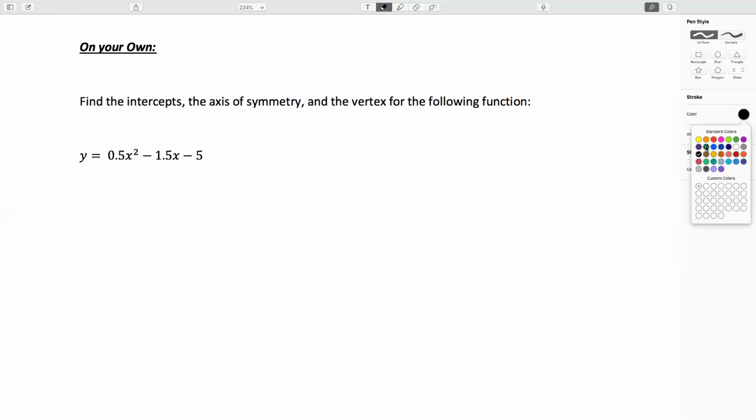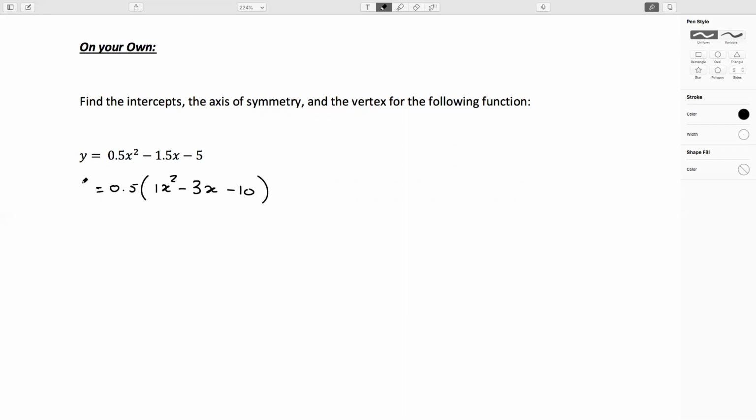I'm going to divide it out. So I'm going to write it outside my brackets, and then I just have to divide each of these coefficients by 0.5. 1/2 becomes just 1, so it's 1x squared, minus 1.5 divided by 0.5 is 3x, and then minus 5 divided by 0.5 is 10.